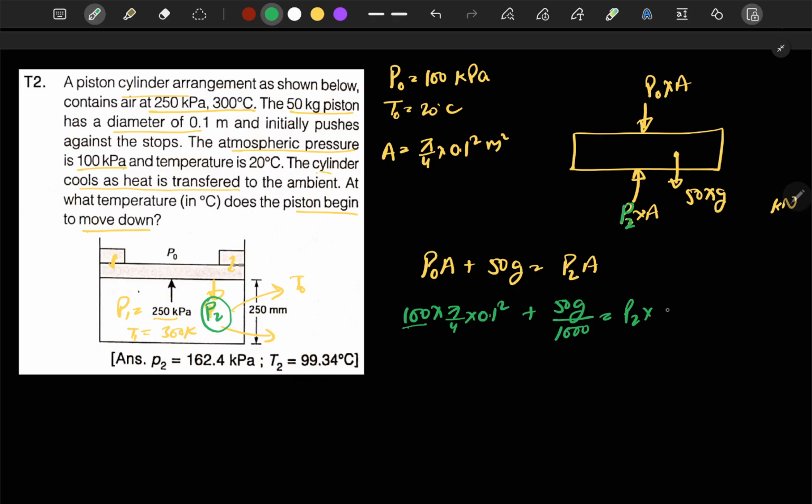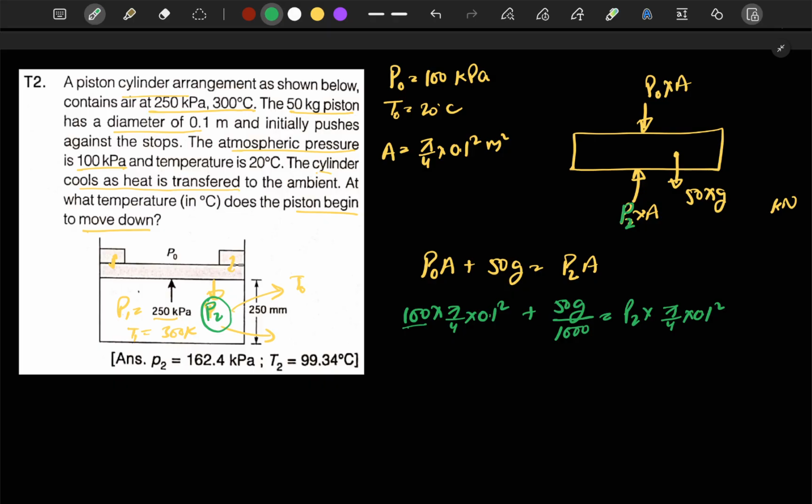So P2 into pi by 4 into 0.1 square equals 100 plus (50 into 9.81, that is g, divided by 1000) divided by pi by 4 into 0.1 square.